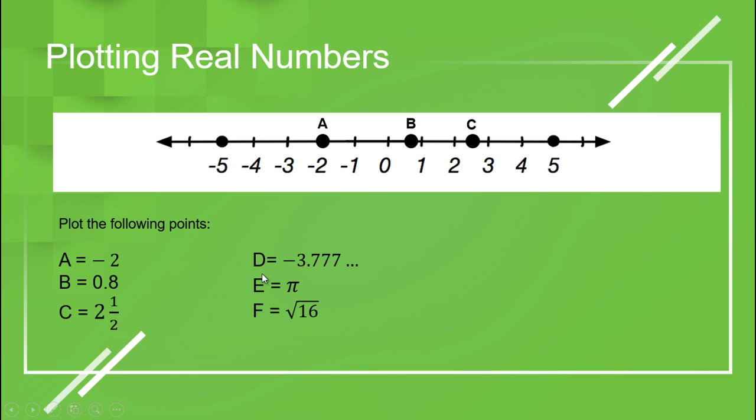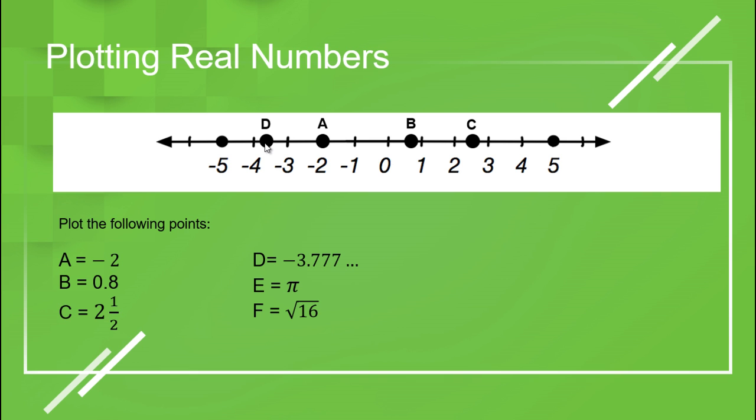D, we have negative 3. So, ari punta sa left side na sa 0. So, negative 3 is here. Na may 0.77. So, mulapas din ha. So, like that. And then, negative 3 is point D. So, you write D. And then letter E, it's pi. Pi is 3.1415 and so on.